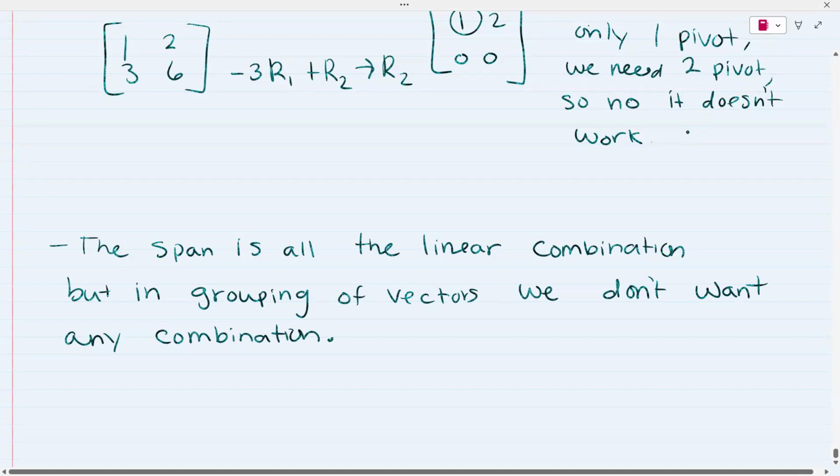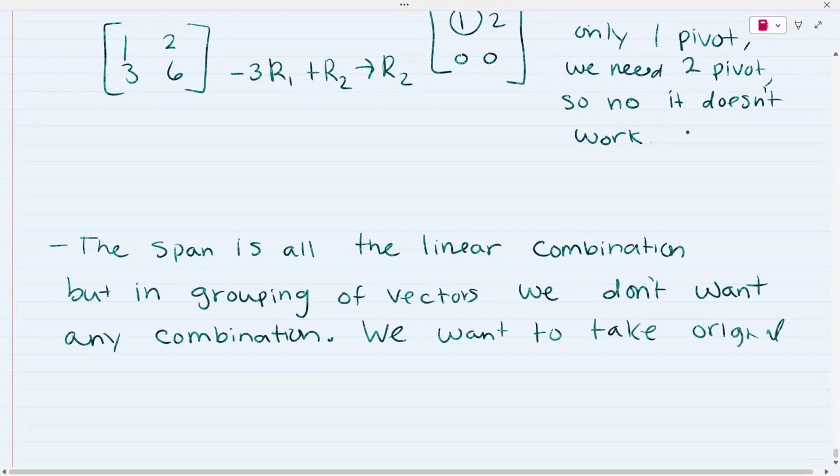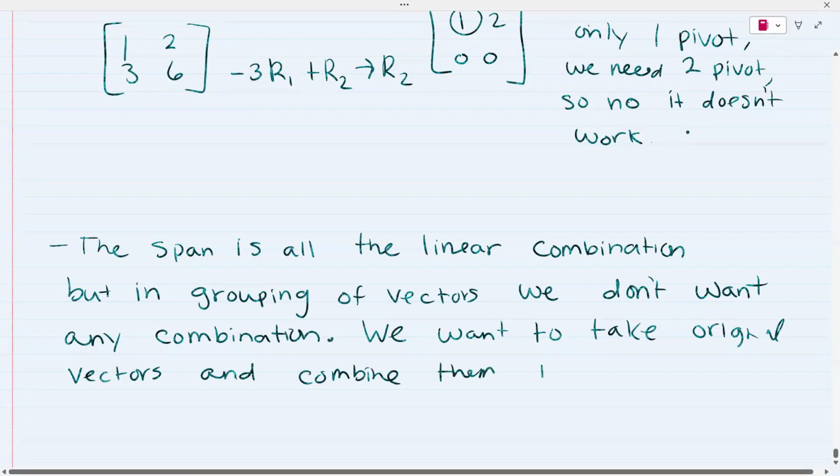We want to take the original vectors and combine them to make more vectors.